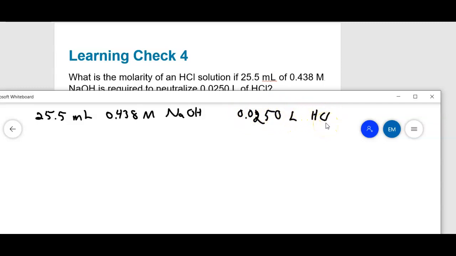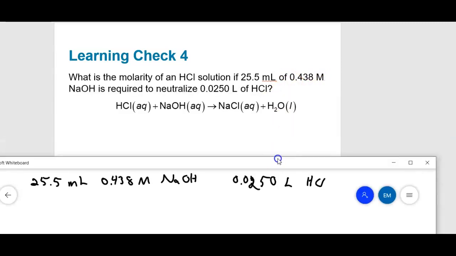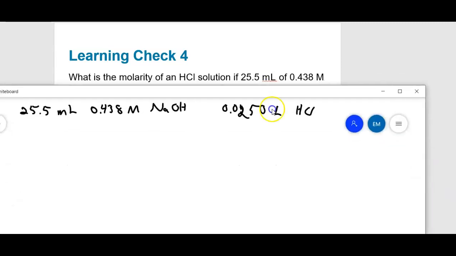Same process here. Okay, so you have to do some conversions there, but you really only have 3 numbers to work with.